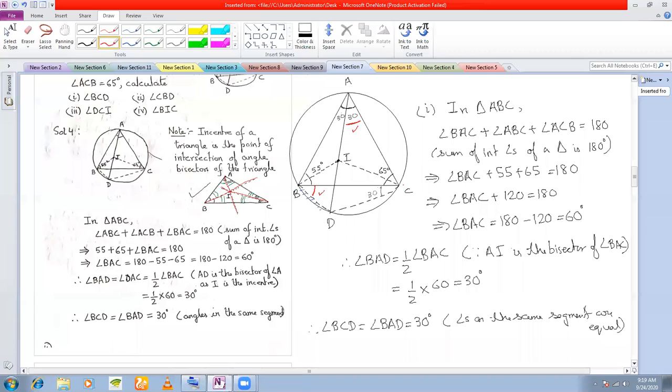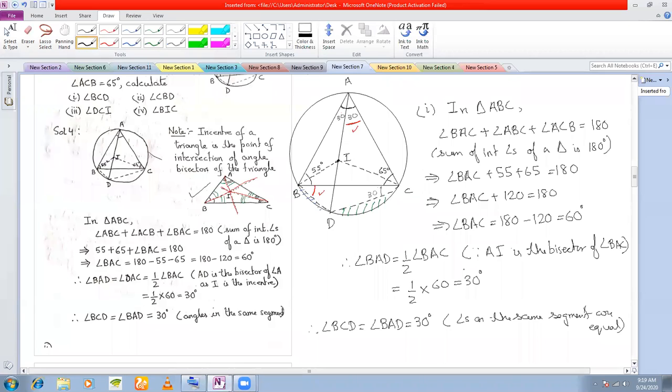Why? What are the segments here? The segment is divided by this chord DC. This is the minor segment and the other part of the circle is the major segment. So these two angles are on the same segment, so therefore they must be equal. So if this is 30, this must also be 30.